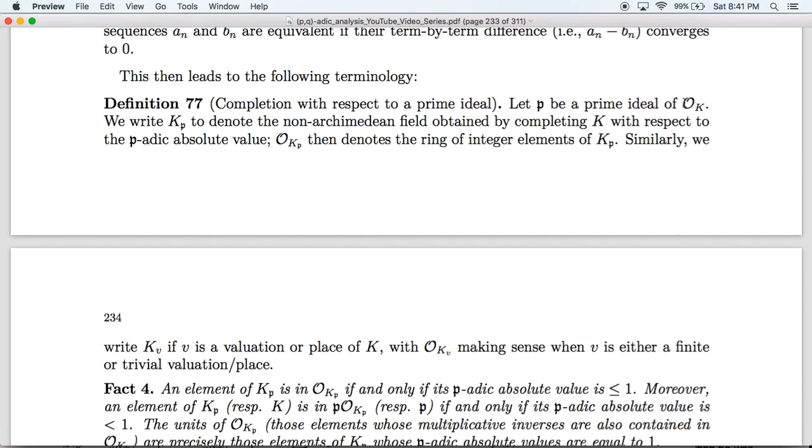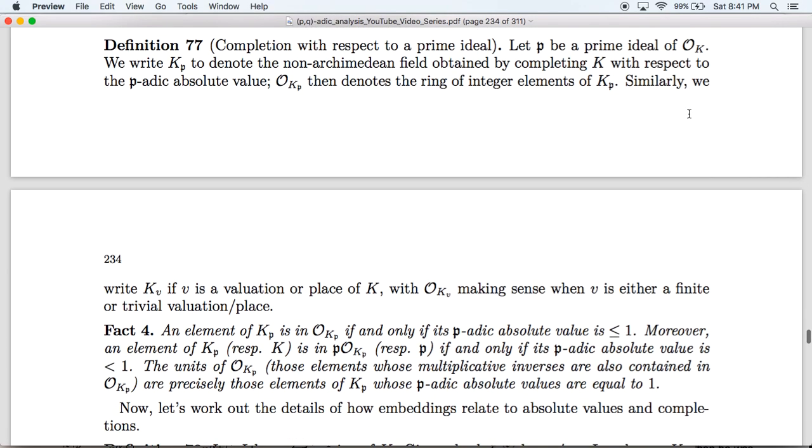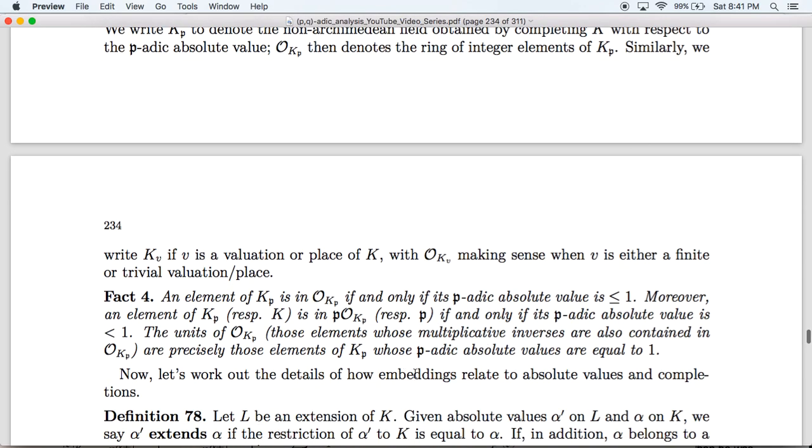Just to be clear here, while that extends very nicely to OKP when P is a prime ideal, there is no such thing as the ring of integers of R, or of a ring of integers of an Archimedean completion.